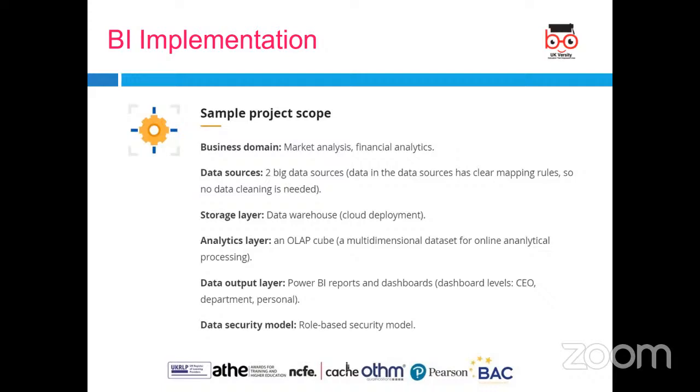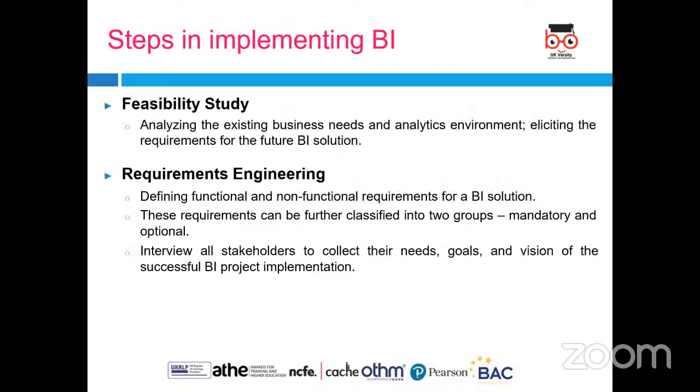On an analytical layer, we can use it for an OLAP cube, which is used for multi-dimensional data sets for online analytical processing. So there are several projects which can be implemented using a business intelligence system.